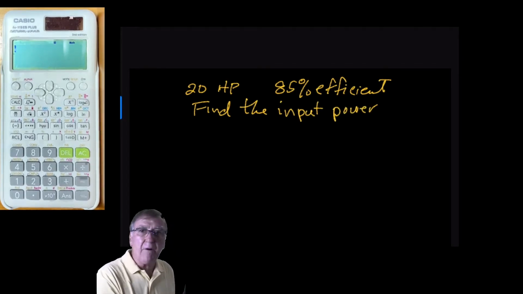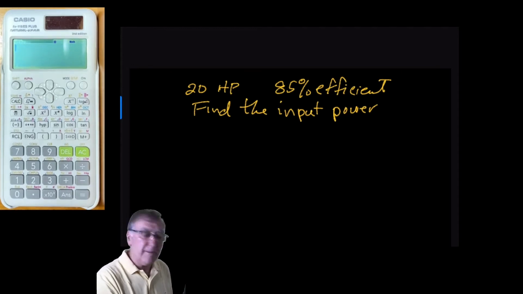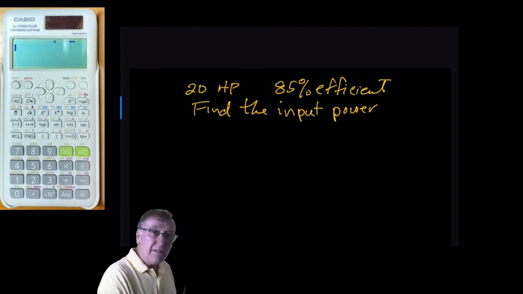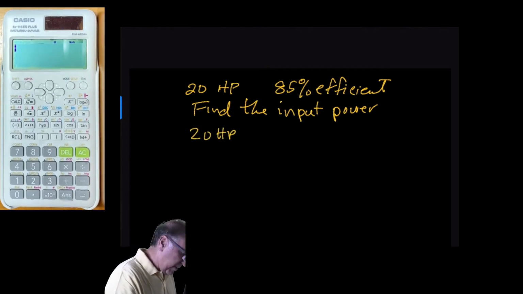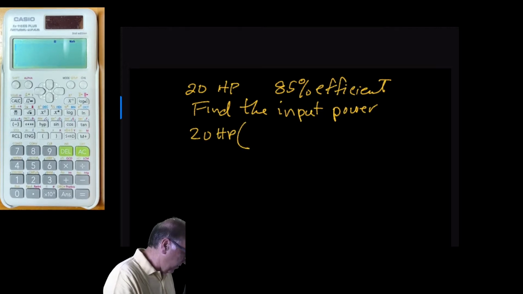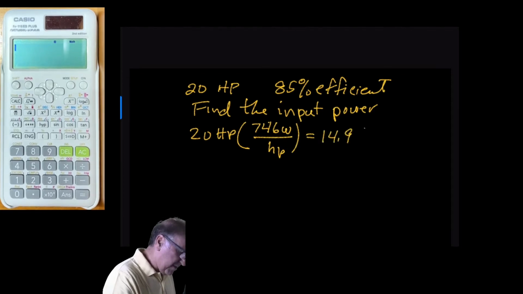The 20 horsepower, by the way, is the output power, in case you didn't know that. So if we take 20 horsepower times, we're going to convert this to kilowatts, so it's 746 watts per horsepower, and that will equal 14.9 kilowatts.